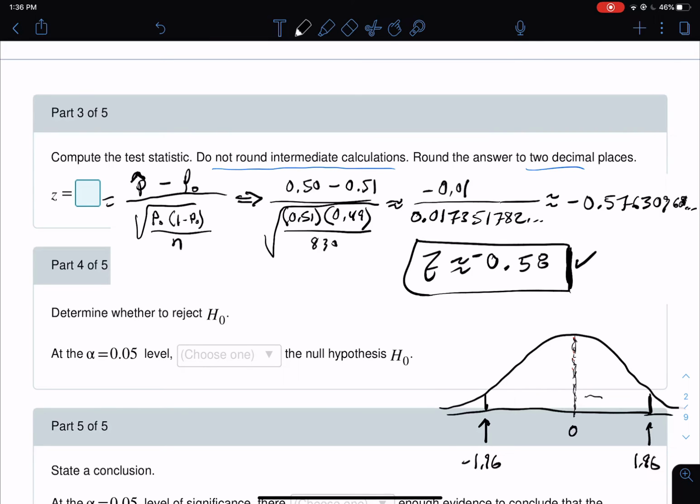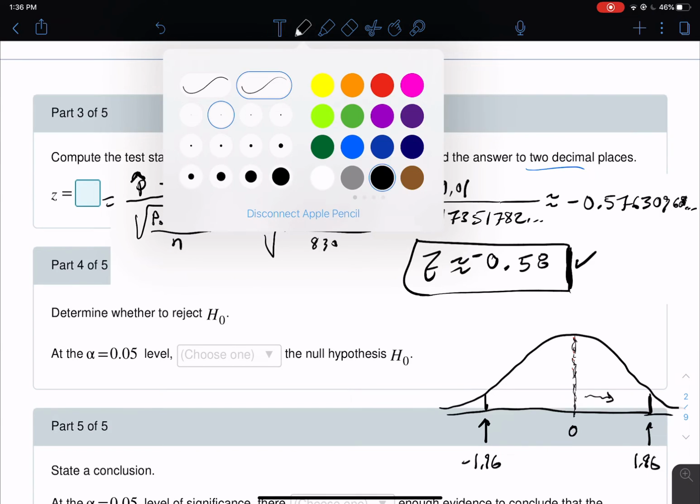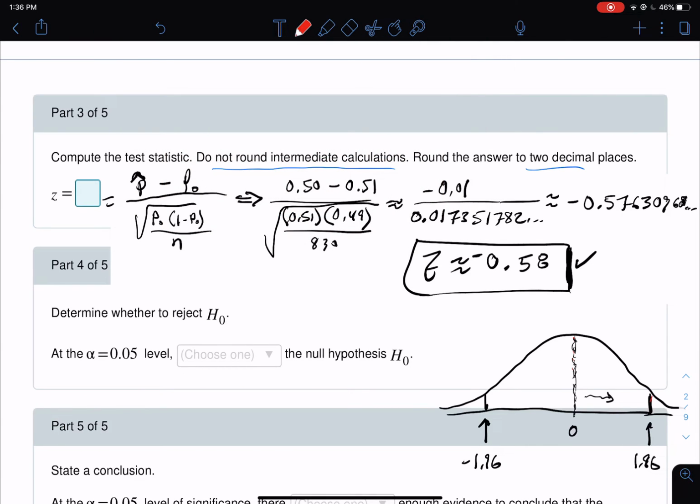The further away from this, the more we disagree that the population proportion is actually true, right? In this particular problem, it was a two-tailed test, and if you end up in this red region, we must reject the null statement, H naught. Reject.